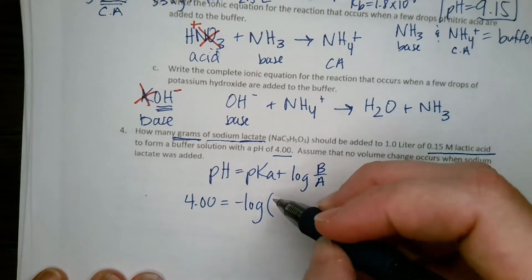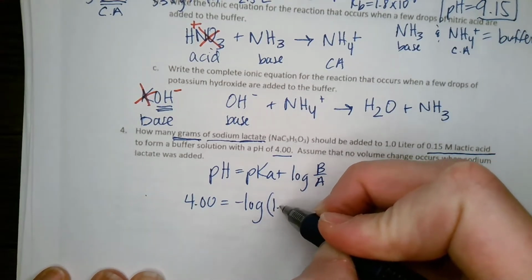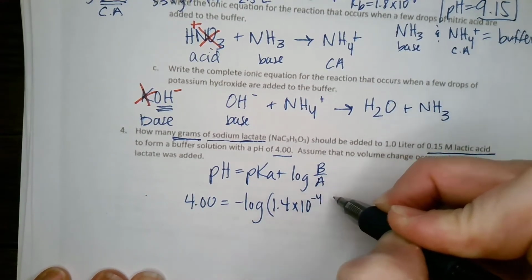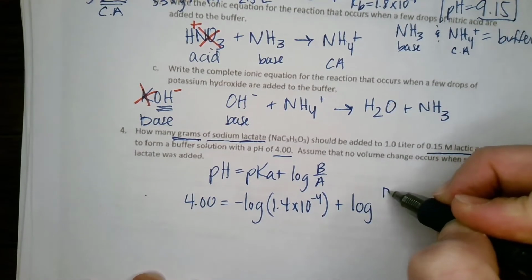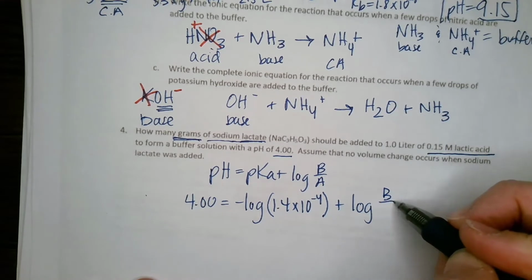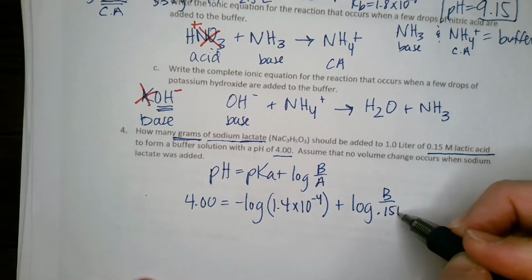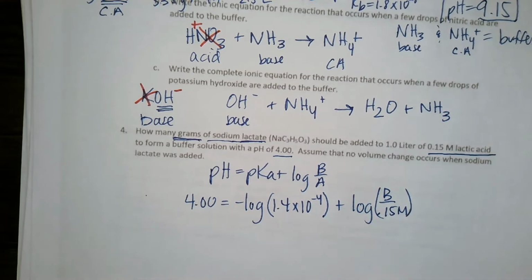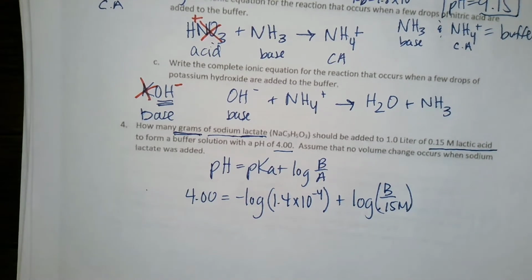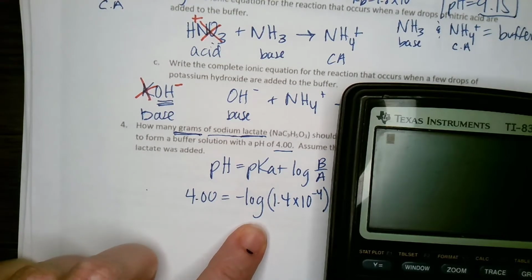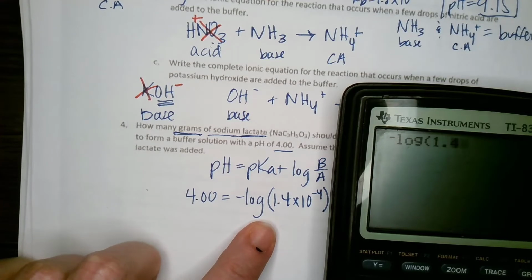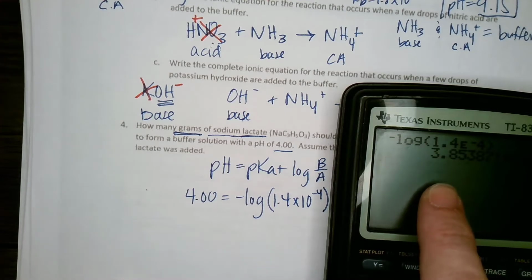Ka is 1.4 times 10 to the negative fourth, plus the log. We don't know what the base is, but we do know the acid is 0.15 molar. Okay, let's do a little bit of simplifying. If I do the negative log of 1.4 times 10 to the negative fourth, I get 3.85.